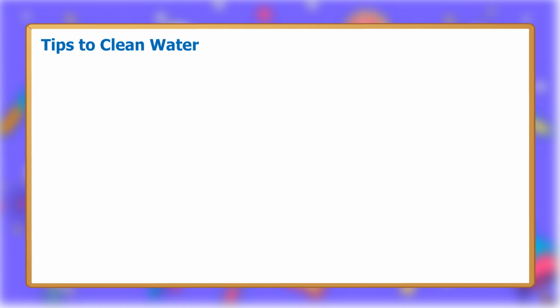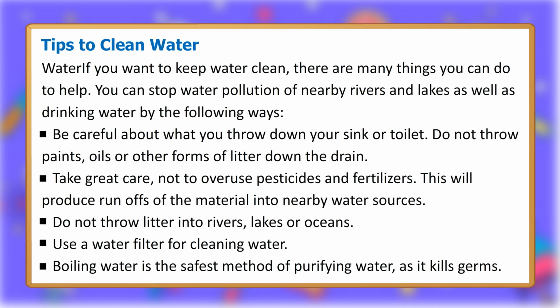Tips to keep water clean. If you want to keep water clean, there are many things you can do to help. You can stop water pollution of nearby rivers and lakes as well as drinking water in the following ways. Be careful about what you throw down your sink or toilet. Do not throw paints, oils or other forms of litter down the drain.